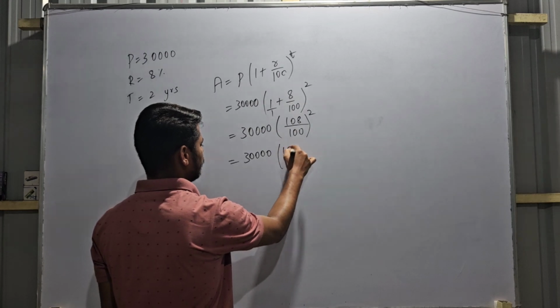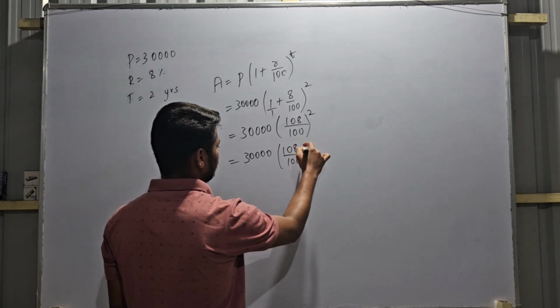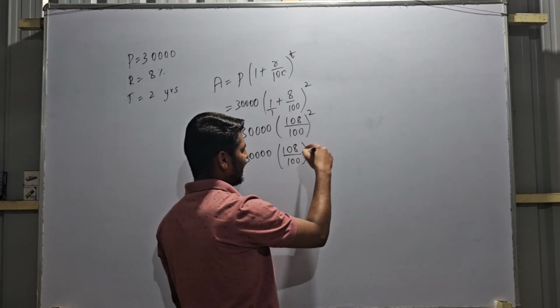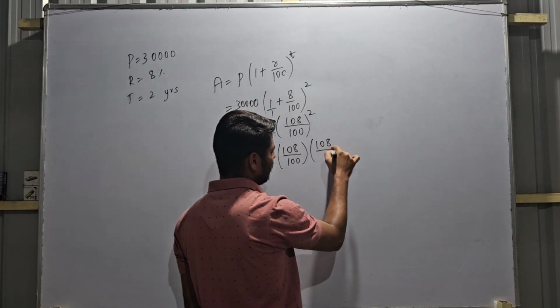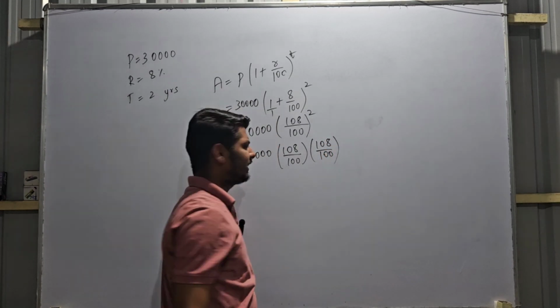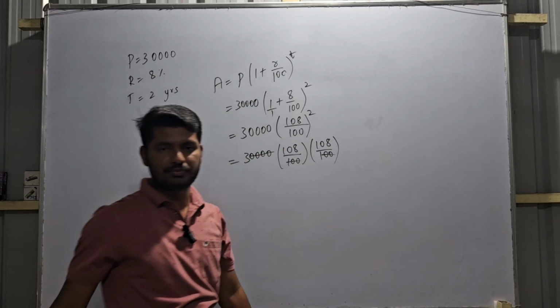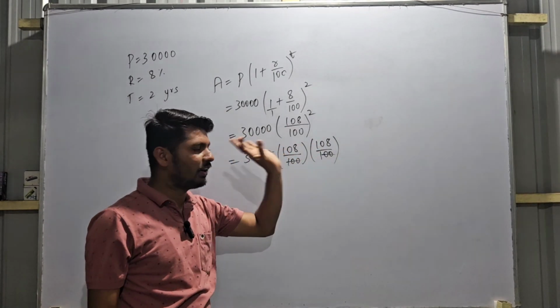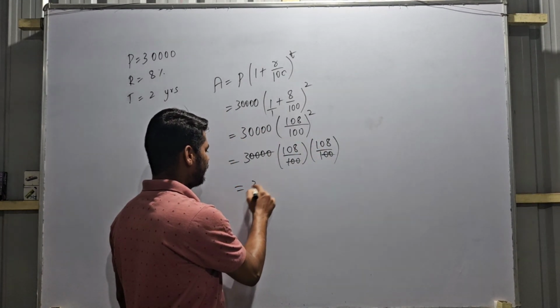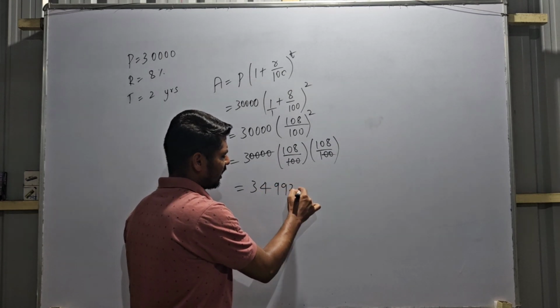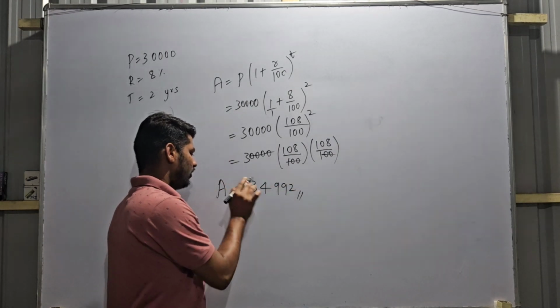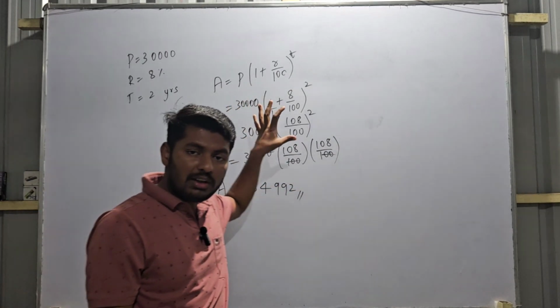Here we can write it as 108 multiplied by 108 by 100 multiplied by 108 by 100. Here I can cancel the 4 zeros with these 4 zeros. I have left with 3 into 108 into 108, which will be 34,992.